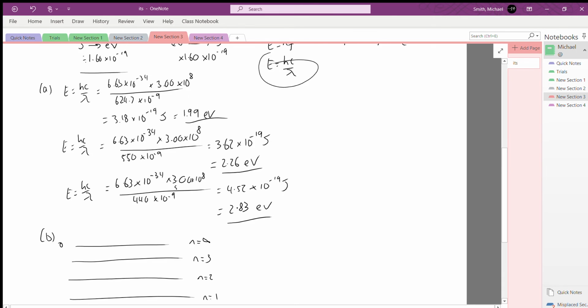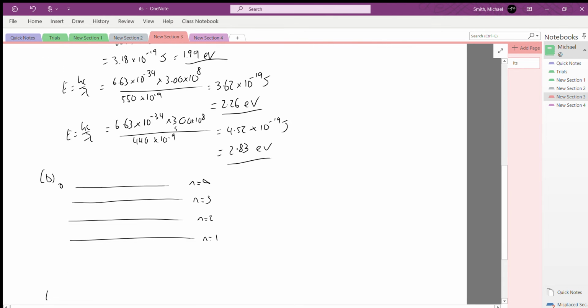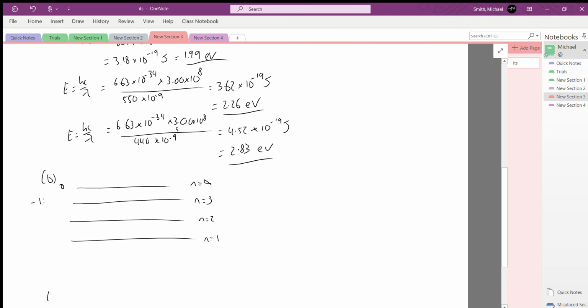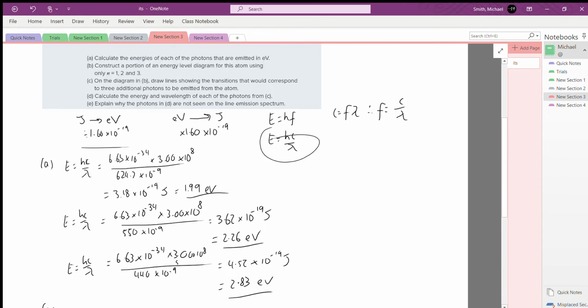So 0, the first one was minus 1.99 electron volts, the second one minus 2.26 electron volts, and the last one minus 2.83 electron volts. So there's our energy level diagram.